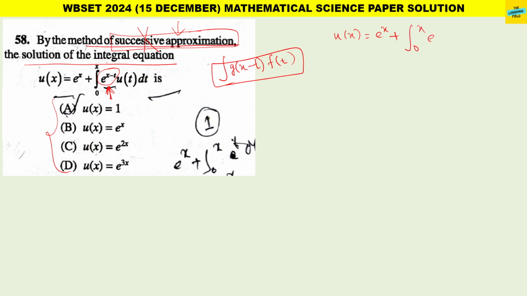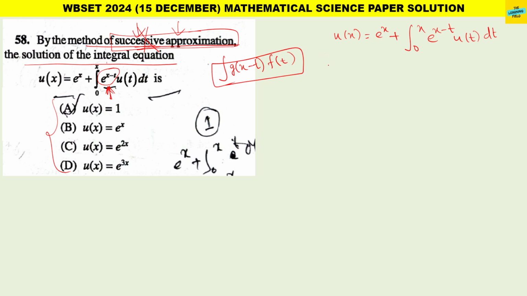Integration 0 to x e to the power x minus t u of t dt. That's why you need to read the questions very carefully. In this question you might think to apply successive approximation, but we should go with the Laplace transform, right?